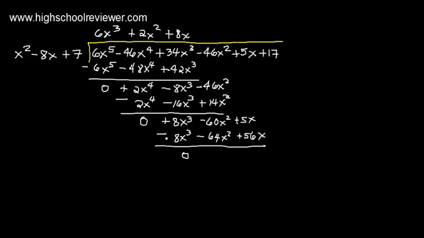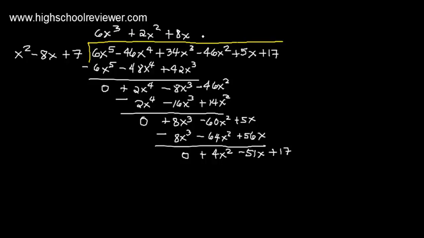Negative 60x squared minus negative 64x squared, this is plus 4x squared. Positive 5x minus positive 56x, this is negative 51x. And bring down positive 17. 4x squared divided by x squared.